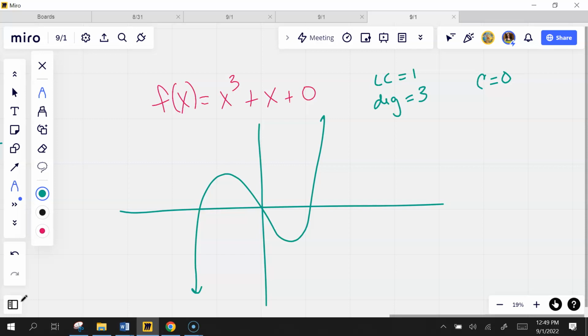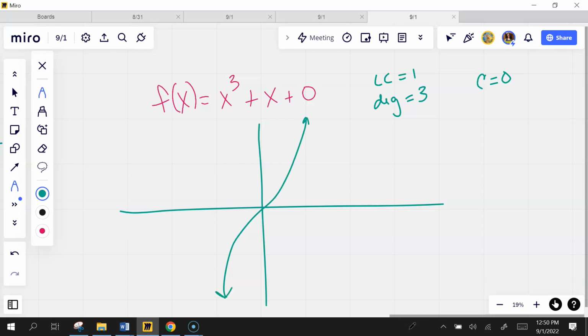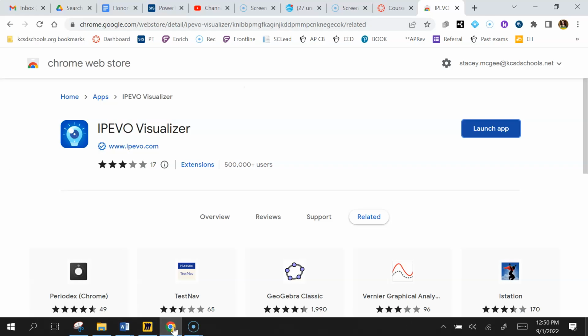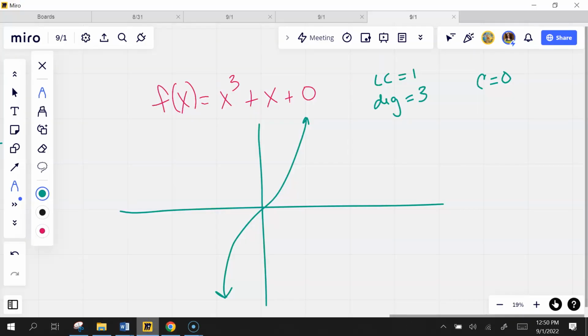Go to window and do -5 to 5 and -5 to 5. Okay, there we go. That's fine. I knew it.